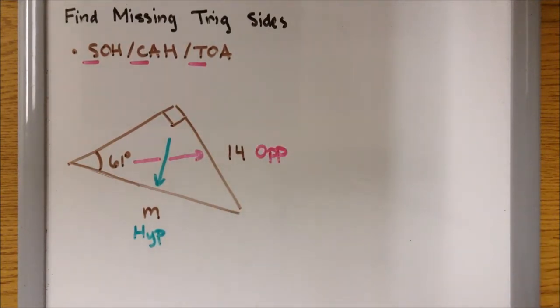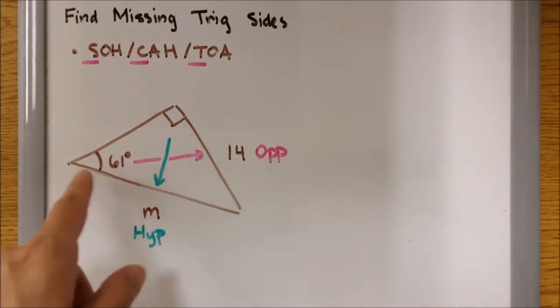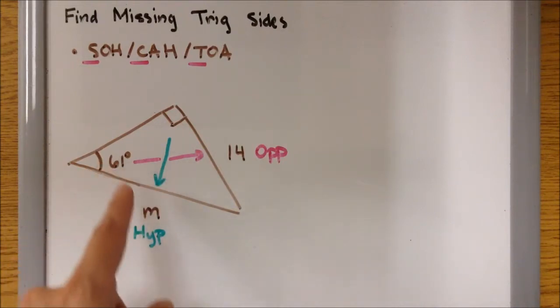So again, when we're working with an example like this, finding a missing trig side, first identify your hypotenuse across from the right angle, and then compare the sides with the given angle, 61 degrees.